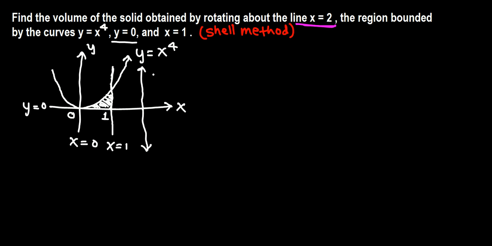We want to rotate this shaded region about x equals 2 using the shell method. In the shell method, we draw a representative rectangle of small width parallel to the axis of rotation.